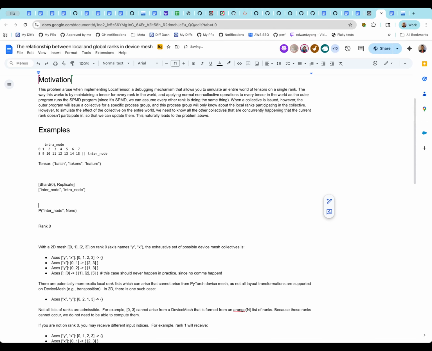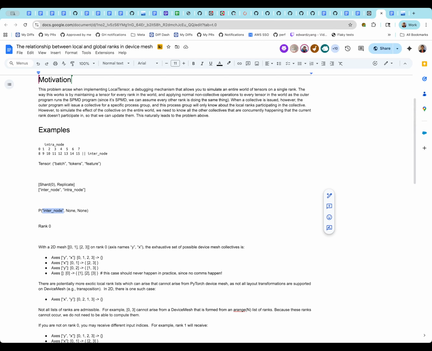So this is how I would write the placement in JAX. Unlike PyTorch, which is per device mesh dim, JAX is per tensor dim. So what do I do? For every dimension in my tensor, I have an annotation saying what device mesh axis I split it on.